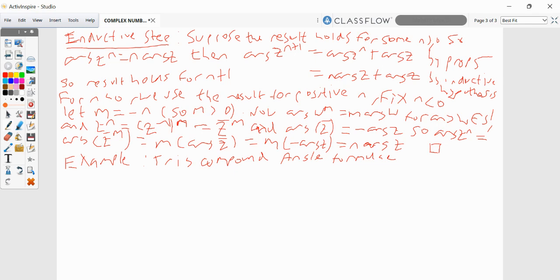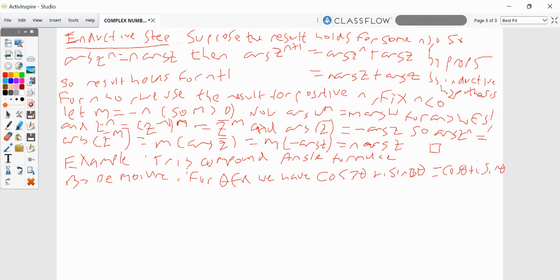So, for example, for theta in R, we end up having cos 3 theta plus i sine 3 theta equals cos theta plus i sine theta cubed, as a power of 3.